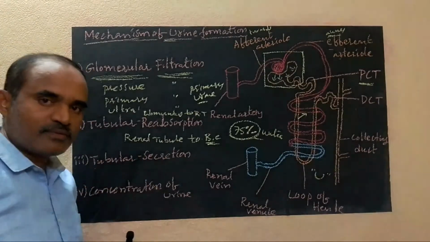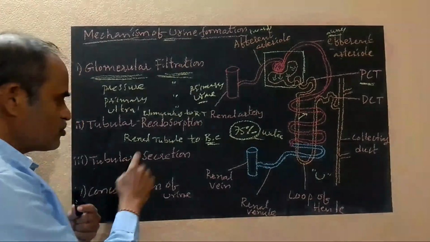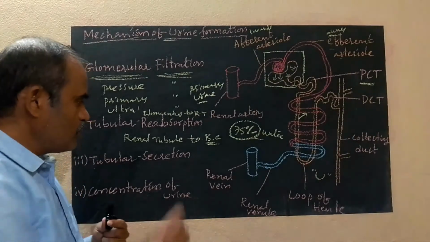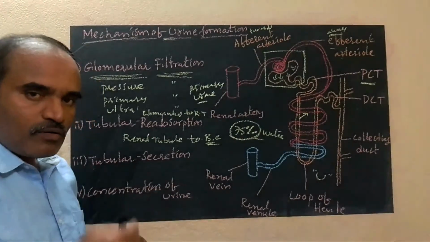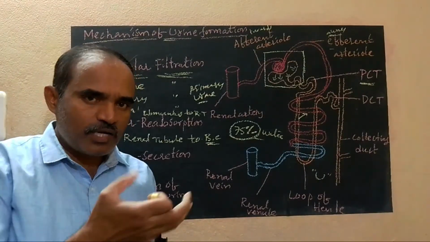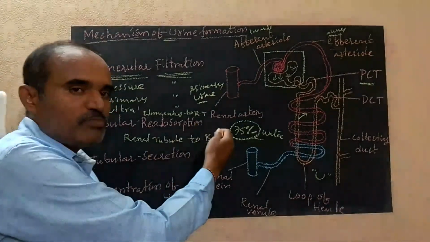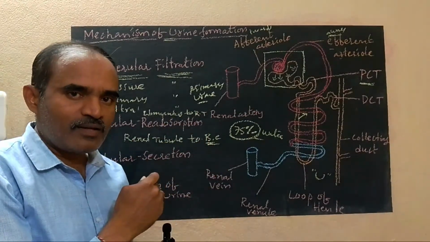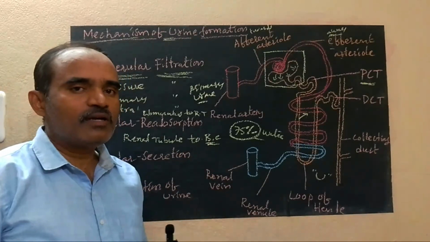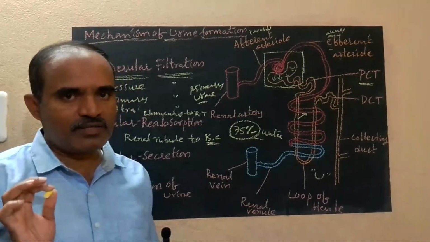Next, tubular secretion, the third stage of the mechanism of urine formation. While absorbing all the useful substances from the renal tubule to the blood capillaries, some unuseful substances are also absorbed by the blood capillaries.